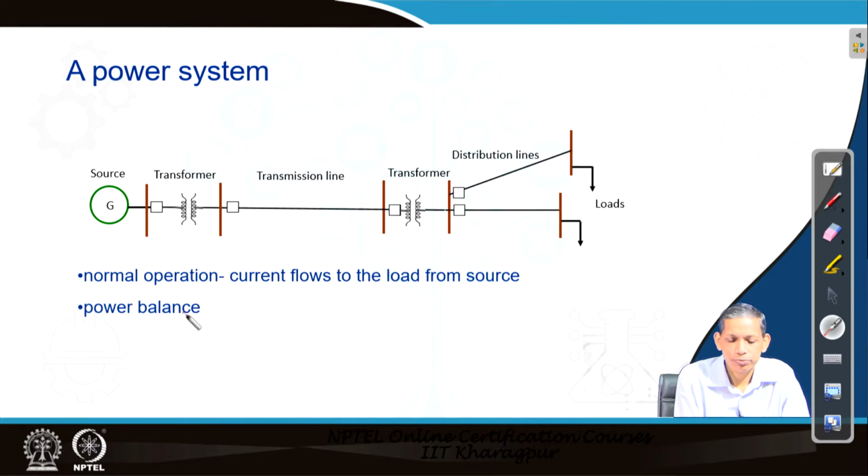Such a scenario, you can think of a tree falling on a transmission line, which results in a short circuit to the ground, and that leads to the fault current flowing from the generator to the ground through that path.